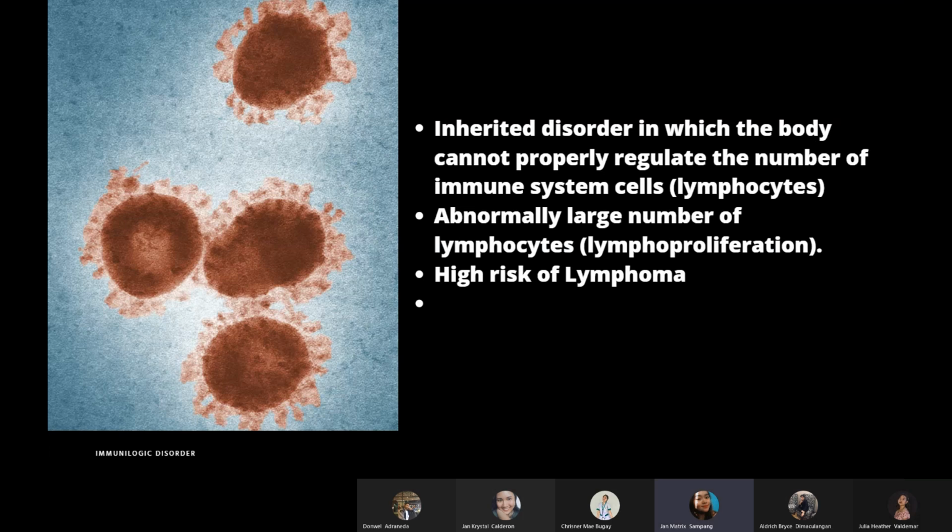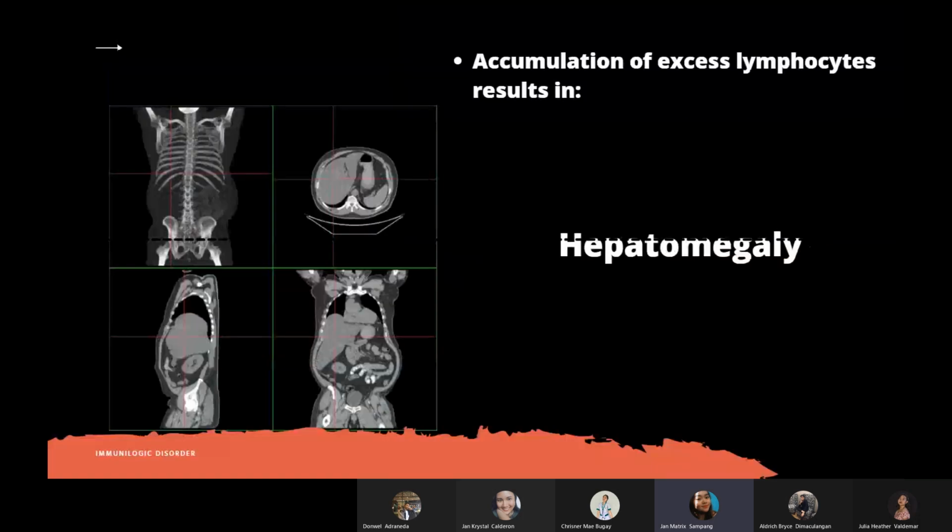People with the classic form of ALPS generally have a near normal lifespan, but have a greatly increased risk of developing cancer of the immune system called lymphoma, compared with the general population.